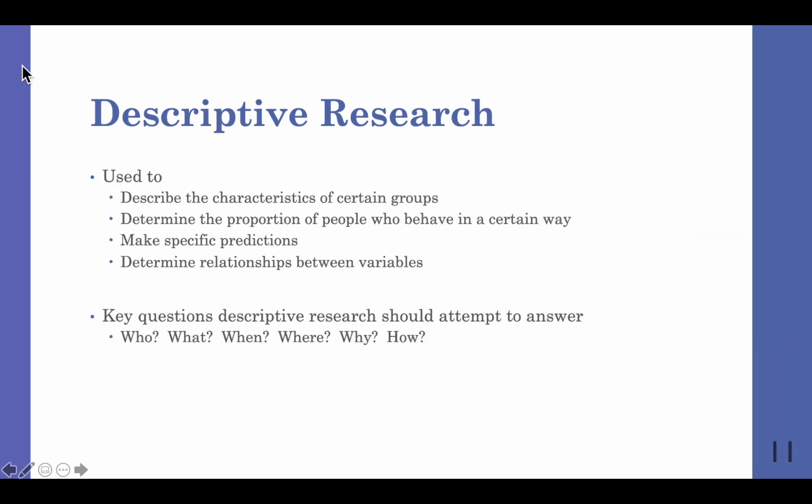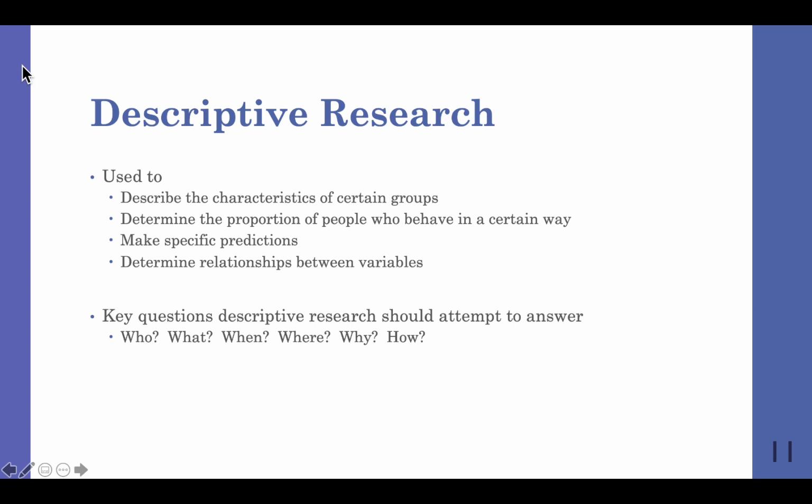Today we're talking about descriptive research, and what we're looking for, as I mentioned earlier, is describing the characteristics of certain groups of people. Every attribute that we are attempting to describe or understand is called a variable. And we want to see if there are relationships between how people behave and those particular variables. We like to make predictions based on the information that we get from these groups of people, and by doing that, we determine the relationships between the variables.